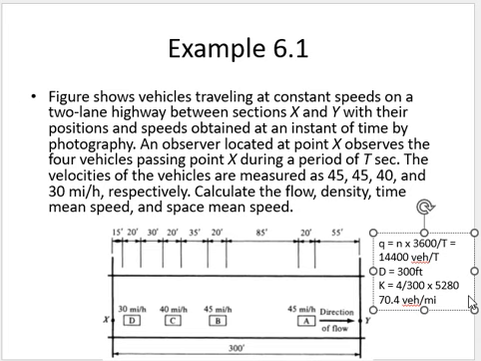So UT, how much? 41. And US, 40. What are the units? Miles per hour, because the speed is in miles per hour.